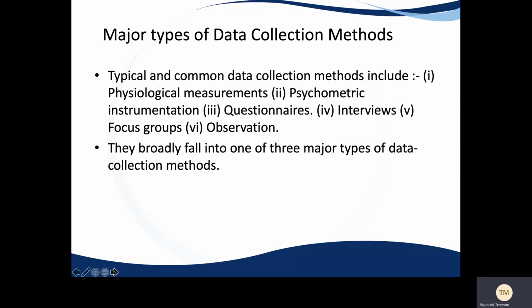Right now, in data collection, there are typically 6 types of data collection methods where things generally fall under. You have the physiological measurements, and this relates to measuring your temperature, measuring how many respirations you have in a minute.